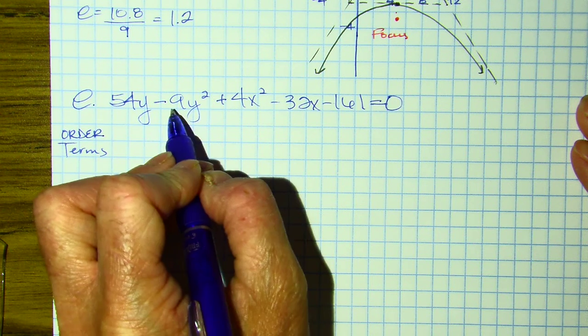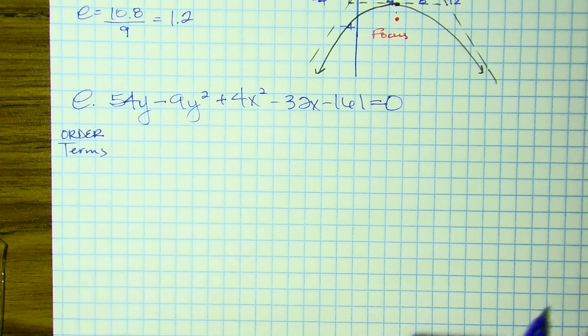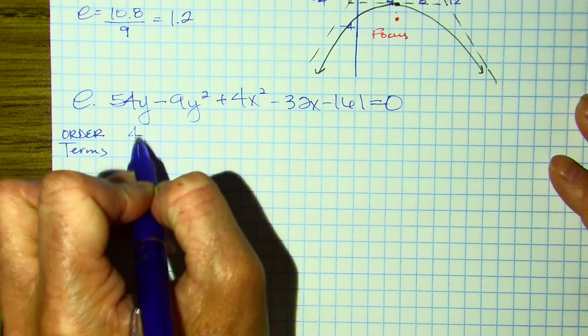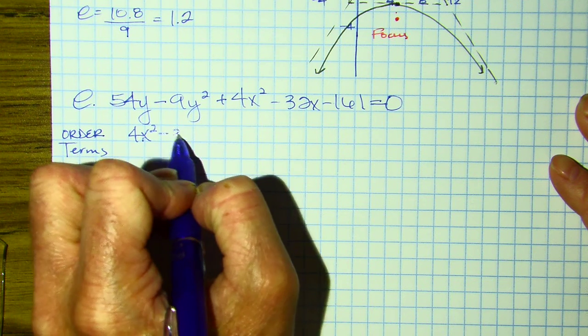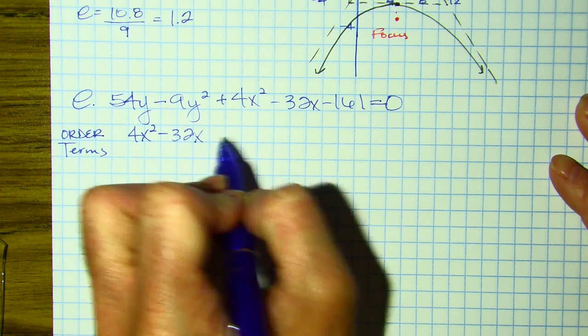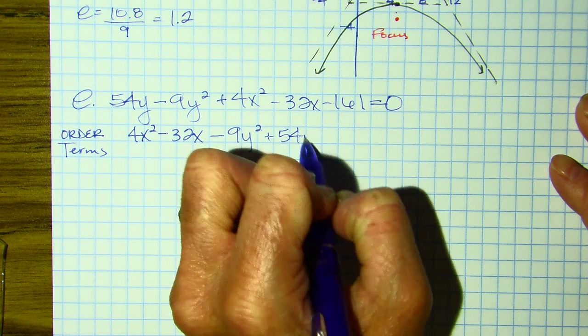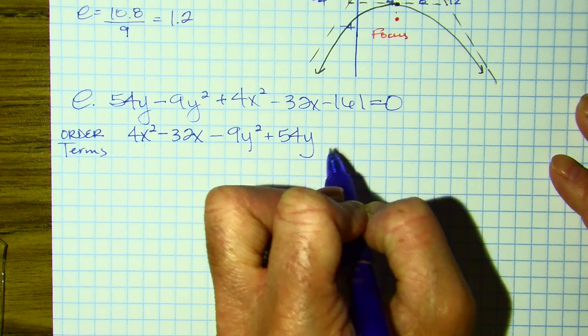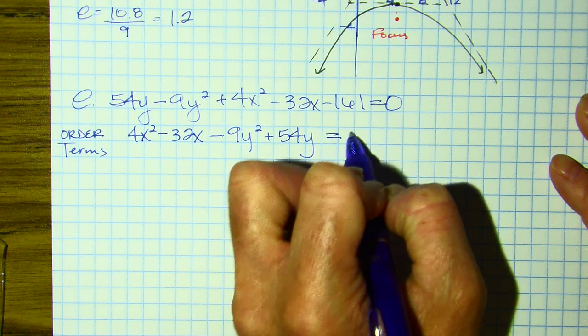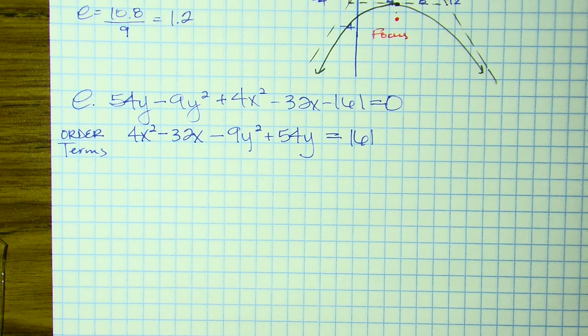Noticing this says minus 9y squared, so you want to put the positive one first. So 4x squared minus 32x, those should go together, minus 9y squared plus 54y. And then the 161 doesn't belong to anyone, so I'm going to move it to the right. So this is what we should have so far.